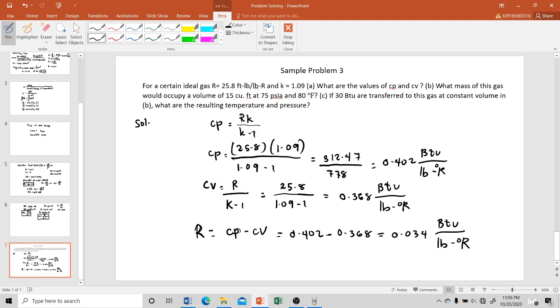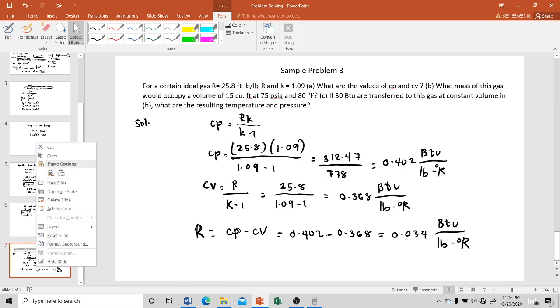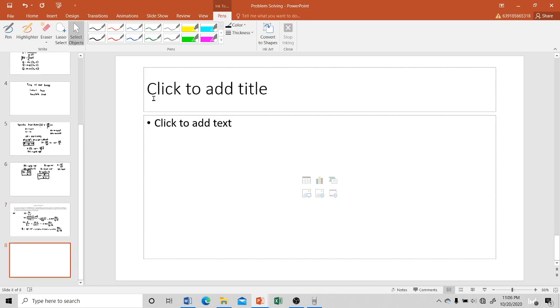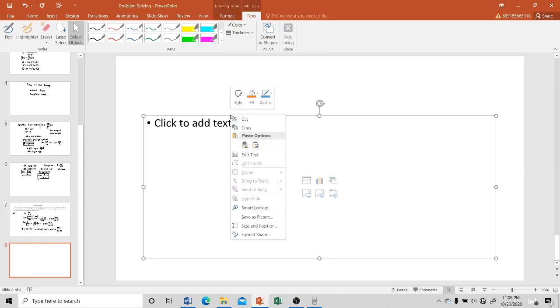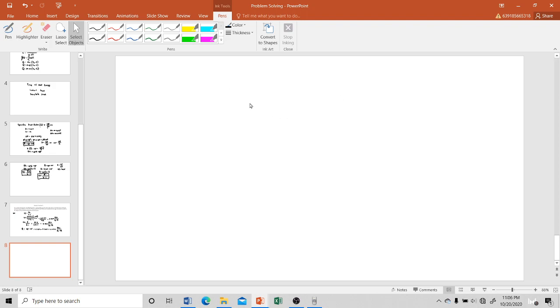So for part B, what mass of this gas would occupy a volume of 15 cubic feet at 75 psi and 80 degrees Fahrenheit? So what equation can we use? We can use the ideal gas equation of state. So we have PV is equal to mRT.